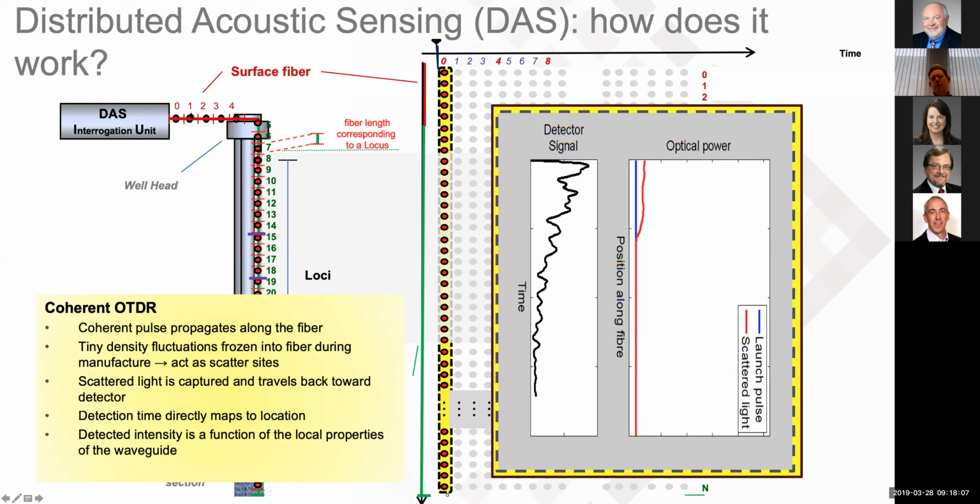Typically, along a 1 kilometer fiber, we have a few hundred to 1,000 or even 1,000 plus channels. So if you have a fiber of a few kilometers in a well, you have thousands of channels, and each pulse will create a measurement that contains all these thousands of measurements along that fiber, and that happens up to 100,000 times a second, depending on your pulse rate.